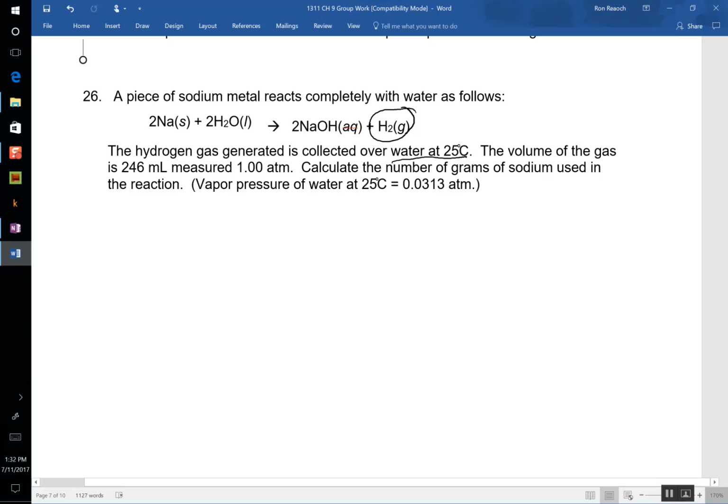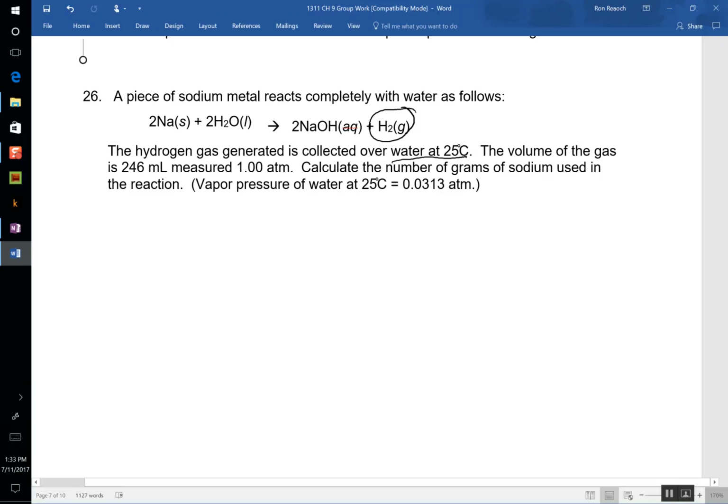Sodium reacts with the water, it forms sodium hydroxide in here, and hydrogen gas starts bubbling out, comes in here, and starts accumulating in here. So we end up with this volume of hydrogen gas. That's what we mean by collecting it over water.